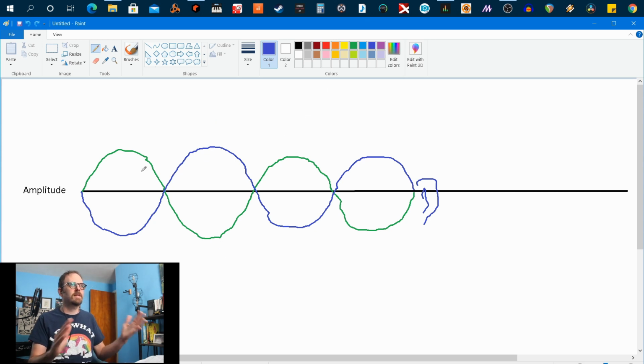Let's try that again. At this point in time it's not quite as loud as it was a millisecond earlier when this part of the sound was happening, right? As that pulse is coming through the air, it's hitting a fixed point in space. It's hitting a bunch of fixed points in space, and one of those would be your microphone, or one of those would be your eardrums.